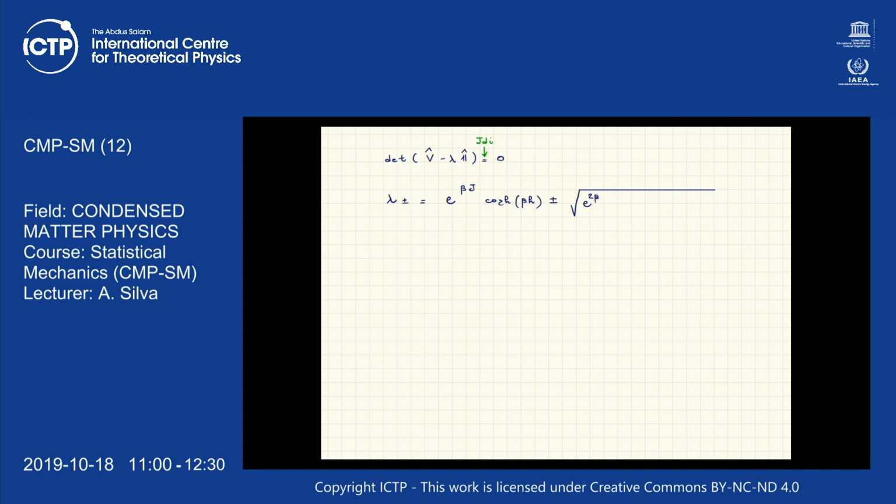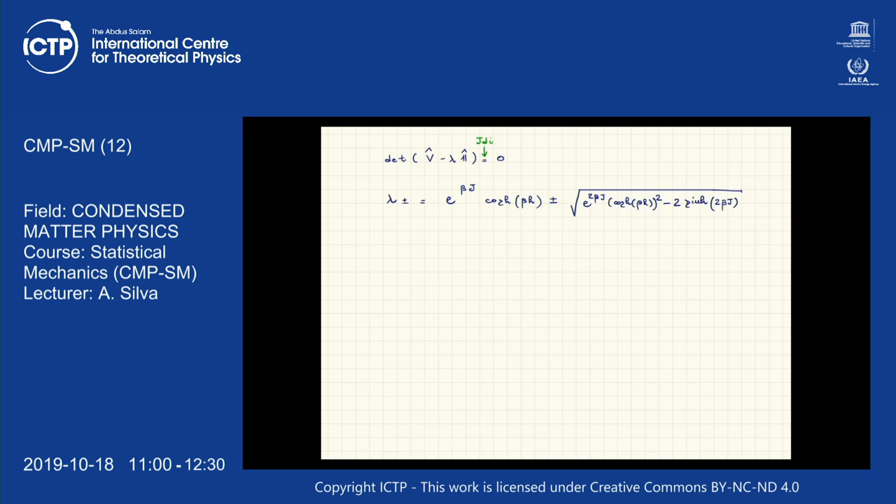Cosh beta j, squared minus 2 sinh 2 beta j. Well, in order to get the degeneracy, you have to set the discriminant here equal to 0, right?